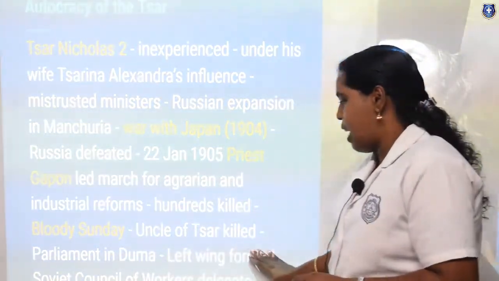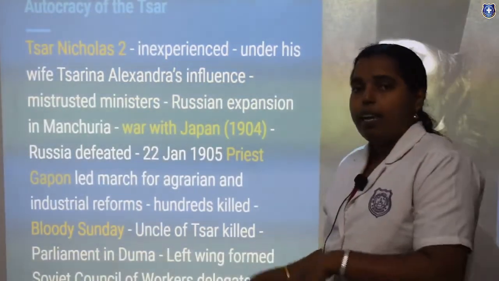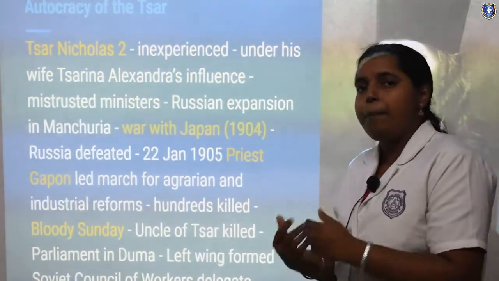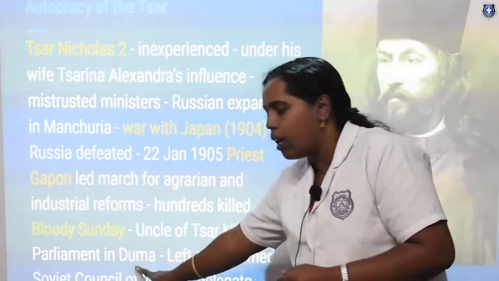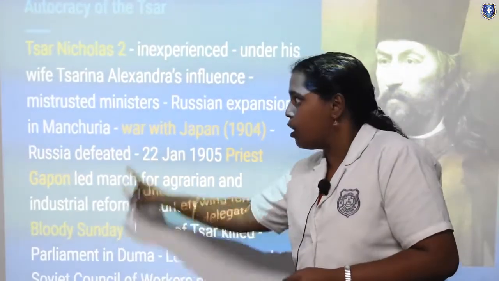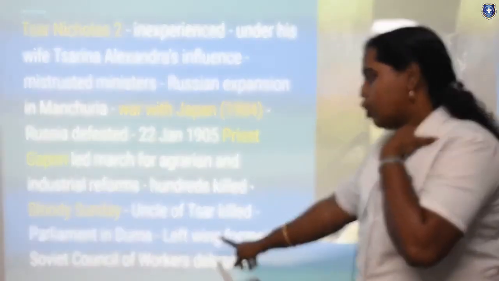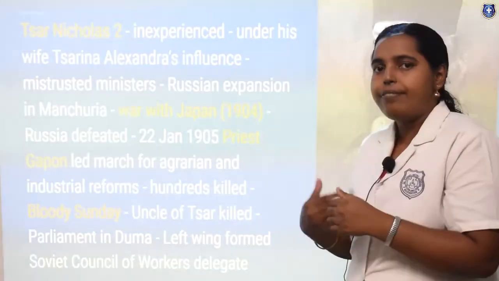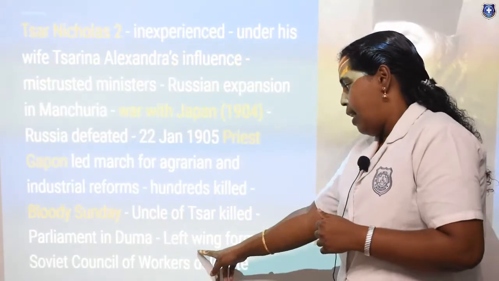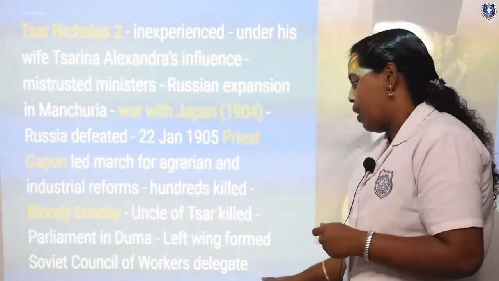Okay, so the uncle of the Tsar was killed, and here they are creating a parliament called Duma. It was held under the leadership of the Tsar, but the Duma was often reformed. The left wing formed the Soviet Council of Workers' Delegates.